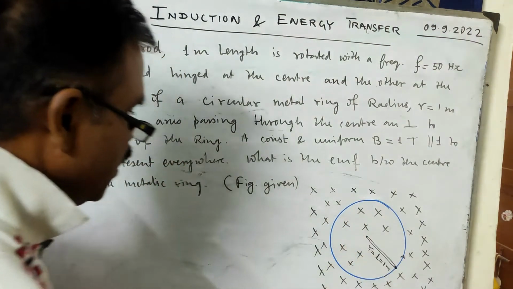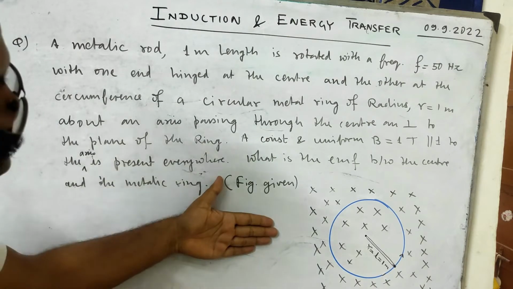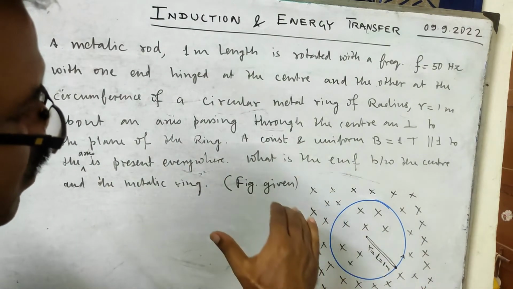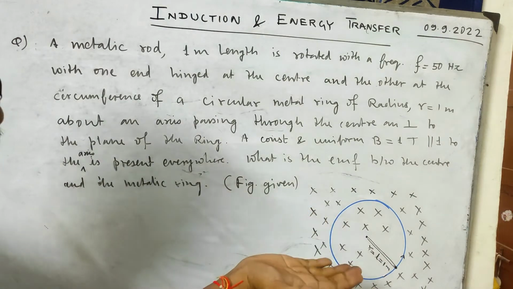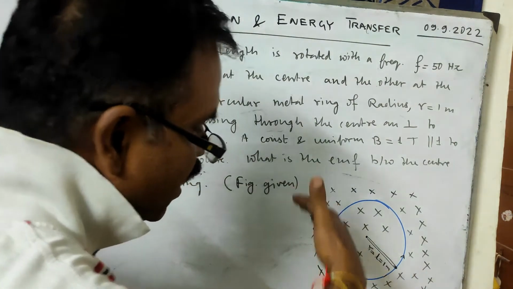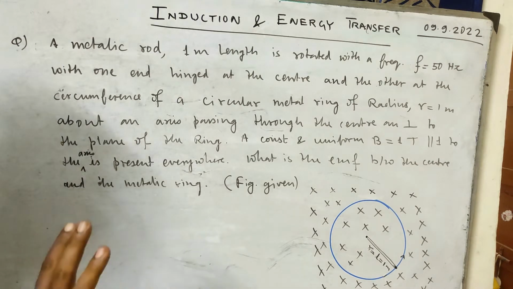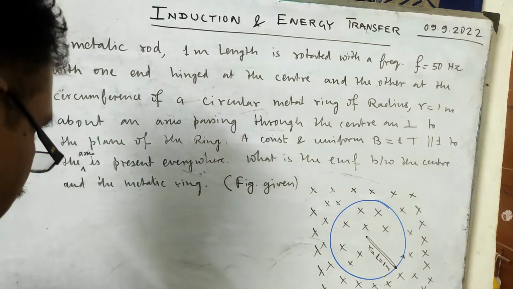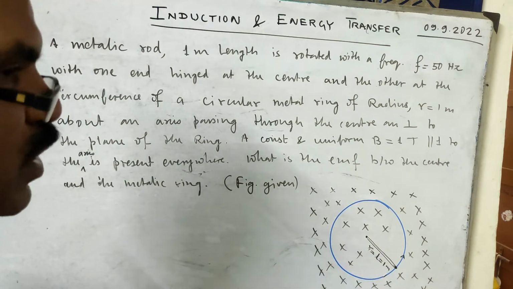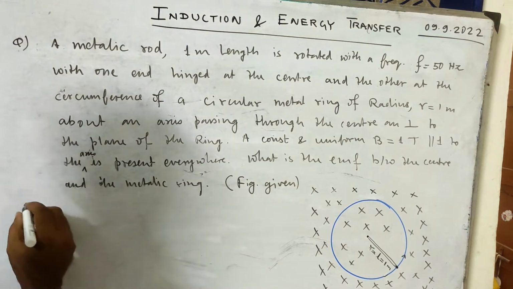This is the ring, on the board, so perpendicular to its plane is this direction. If I take the area vector this way, then B is in the opposite direction, so the angle is 180 degrees. Don't bother about the negative sign, because cos 180 is negative and we need only the magnitude.